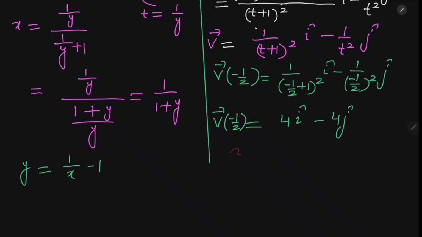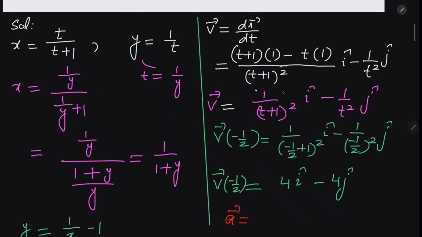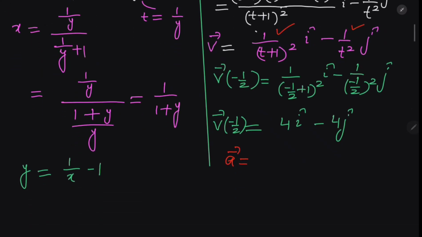Similarly, we can find the acceleration. I hope you can find it easily by taking a derivative of that and derivative of this term. So the acceleration will be minus 2 by t plus 1 cube i plus 2 by t cube j. And similarly, this acceleration should be defined at minus 1 by 2.